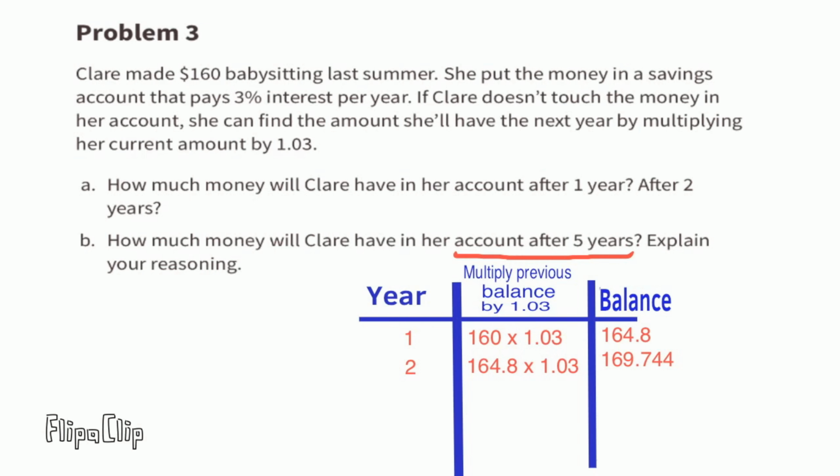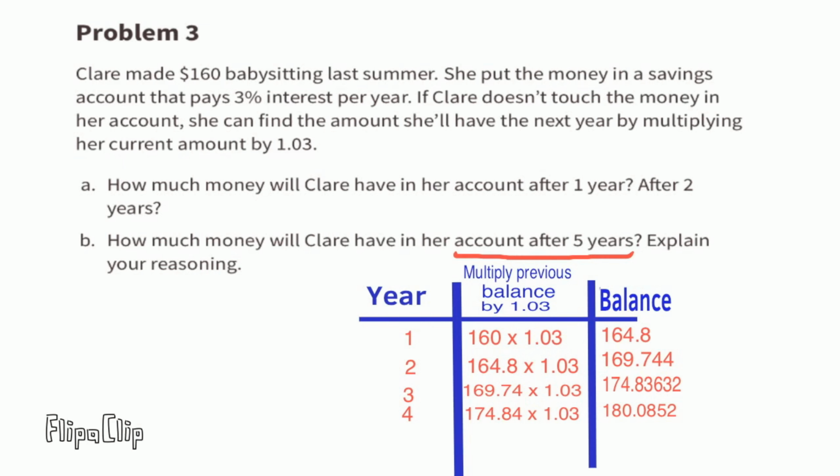So 169.744 times 1.03 equals 174.83632, which is approximately $174.84. To find the balance in year 4, we need to multiply 174.83632 times 1.03, and that equals 180.0852, which is approximately $180.09.